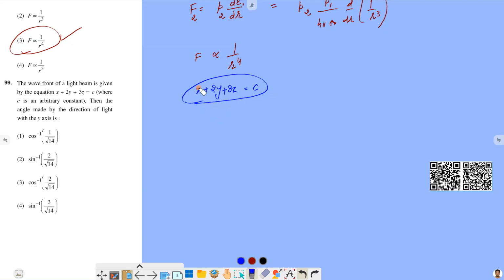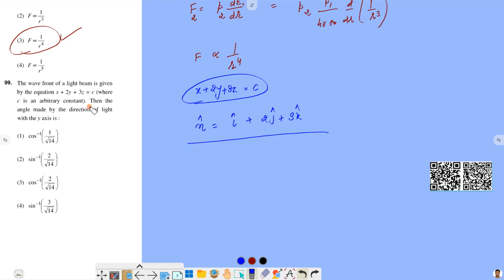So we have to find the normal vector, and the normal vector will be equal to i plus 2j plus 3k, taking the coefficients of each direction.